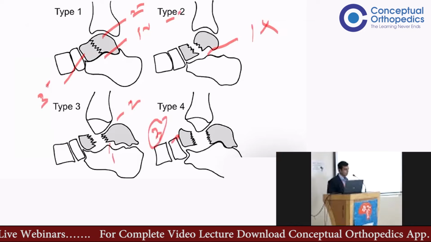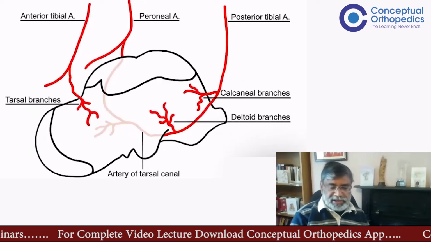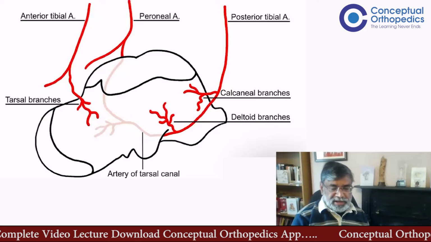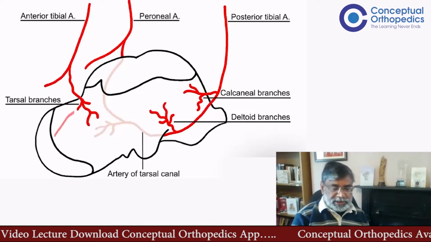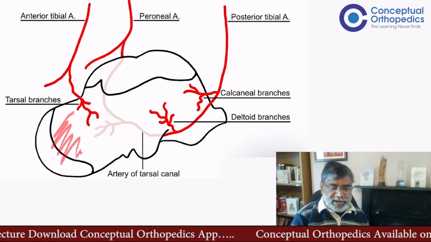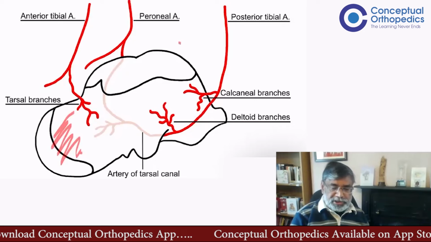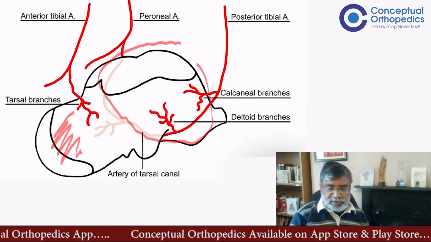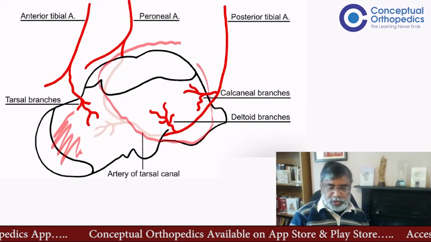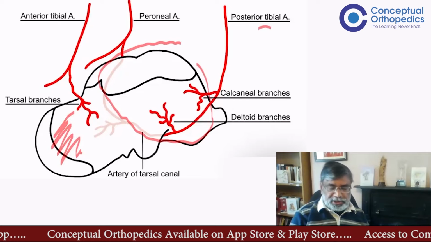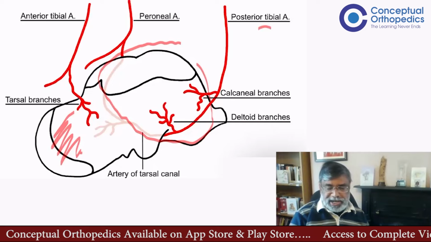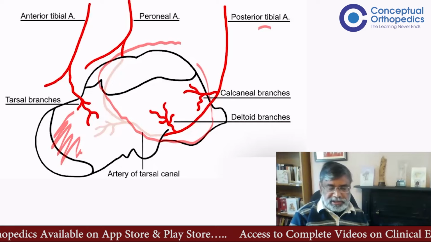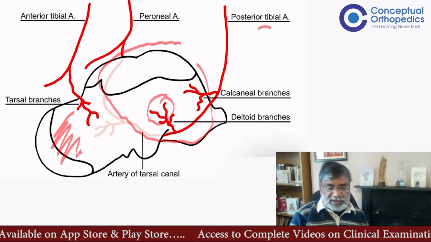And then your blood supply, you already said 3 main arteries. The anterior tibial artery normally supplies the head and neck portion here, but the main portion we are interested in is the body, which gets its blood supply compromised, and that comes from the posterior tibial artery, which forms the artery of the tarsal canal, and sometimes a branch directly from the posterior tibial or from this artery as a deltoid branch.